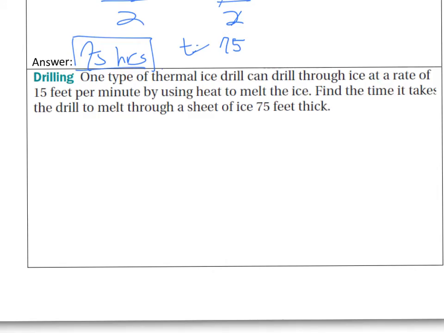Drilling. One type of thermal ice drill can drill through ice at a rate of 15 feet per minute. Again, in this word problem, the first sentence tells you what it's about and also gives you a piece of information you'll need to solve the word problem. So a drill is a machine that can drill ice.